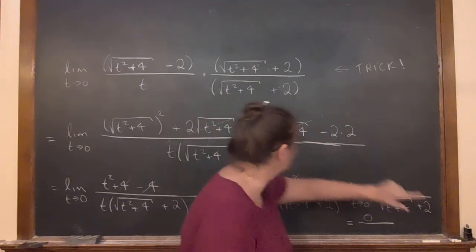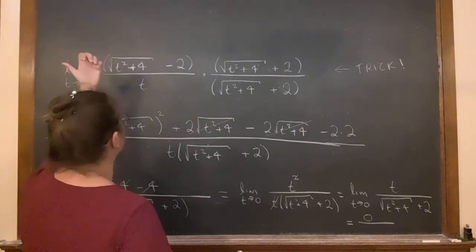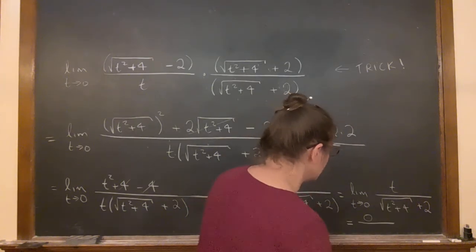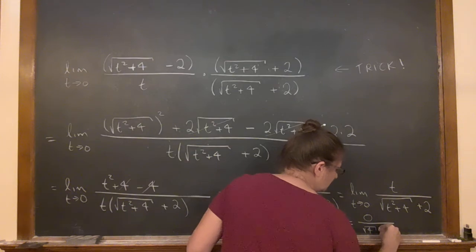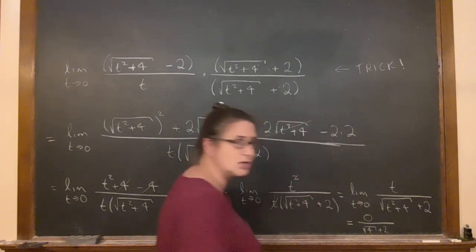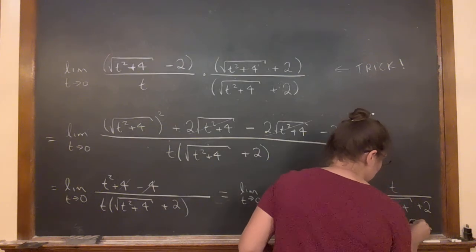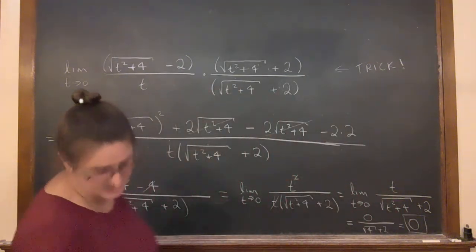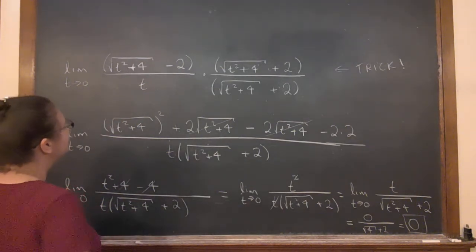Because it's a plus, whereas back, it was 0 here because we started with a t. Okay, but now this bottom is no longer 0. The bottom is square root of 4 plus 2. Okay, so the bottom is 4. So 0 over 4, it's just 0. So my answer is 0 in this case, which is fine. You can have an answer that's 0.